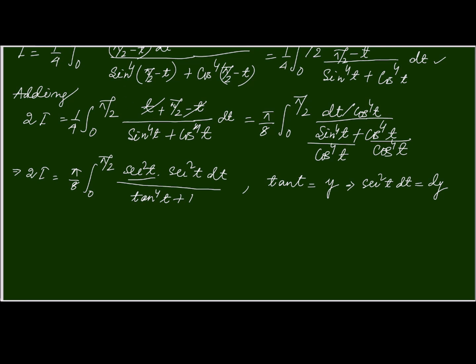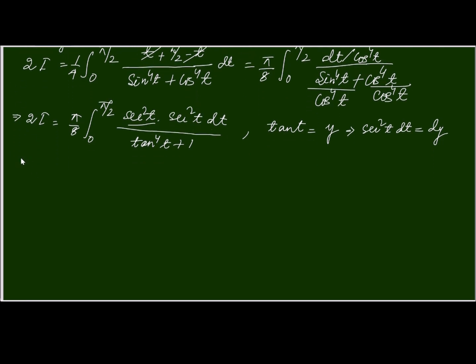Now changing the limit, t was 0 lower limit, so y equals 0, and when t is pi by 2, y equals infinity.